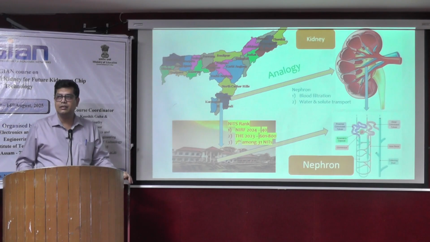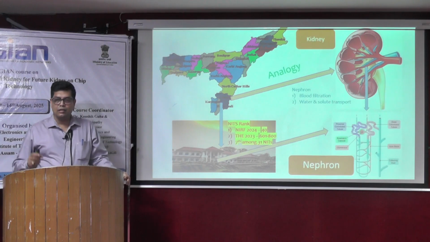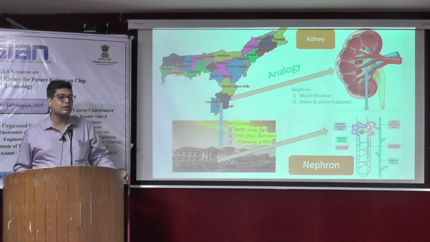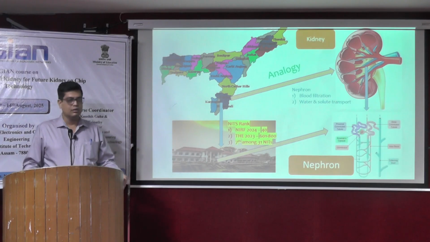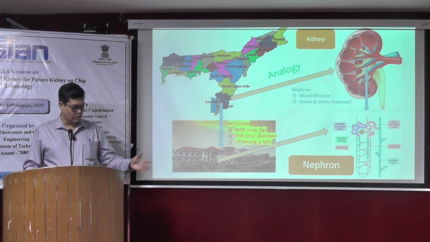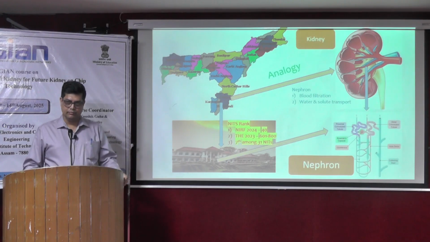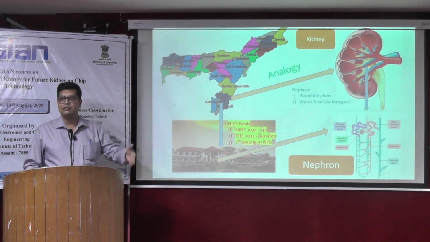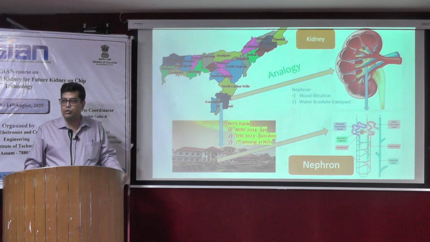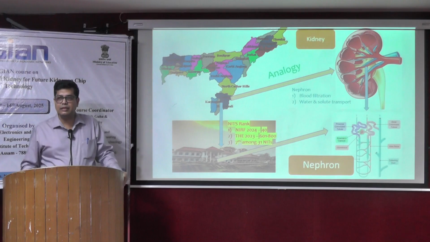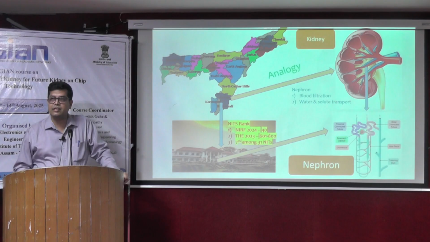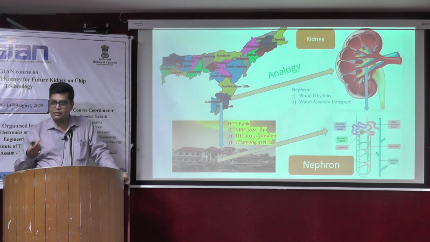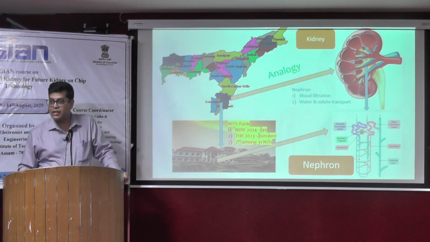But we want to be healthy. How to be healthy? If every organ is healthy, then the human body can be healthy. But the kidney actually performs several functions, not only these two. It maintains the body's inside environment, called homeostasis, and body temperature, along with water and solute transport, blood filtration, and secretion of urine so that waste products can be excreted.